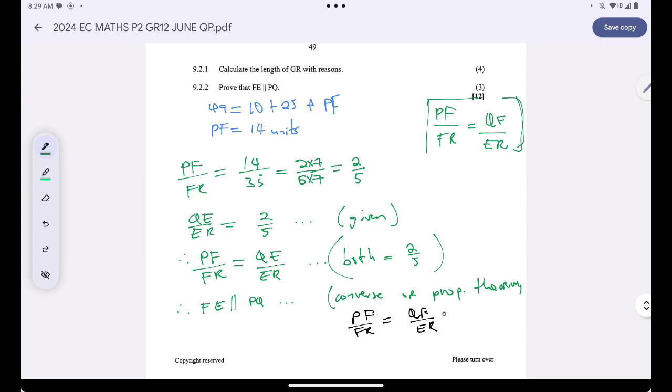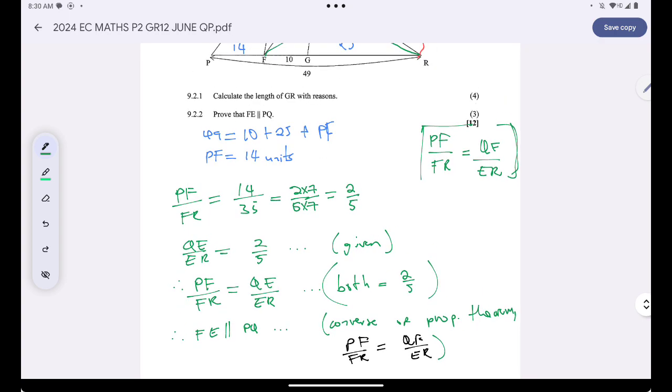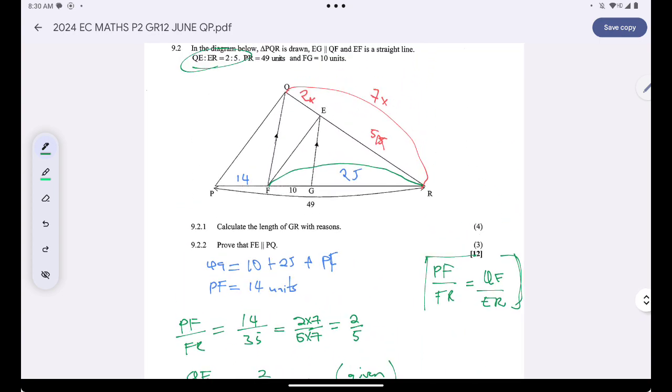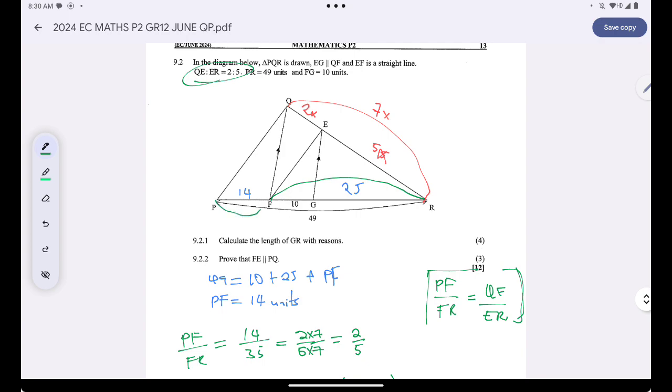Are you together? The converse will be true because of that. So now I have proven that FE is parallel to PQ. Why is it parallel? Because this ratio, this guy over this one, is the same as this one over that one. So that means these two are parallel.